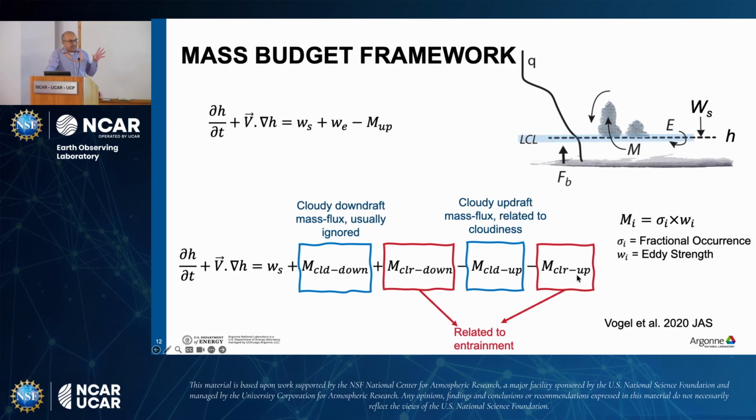So now, depending on who you talk to and which literature you follow, we actually have two views of entrainment. One view is that everything that's going up is clouds, so there are no clear air updrafts at all. You only have downdrafts in the clear air, that's entrainment, that's one view. And the other view is that entrainment is actually the sum of these two, clear air downdraft versus clear air updraft, right? So the sum of those two, and this comes out to be negative. So that's the main thing. So you have two views in this case, and we'll probe that in a few slides.